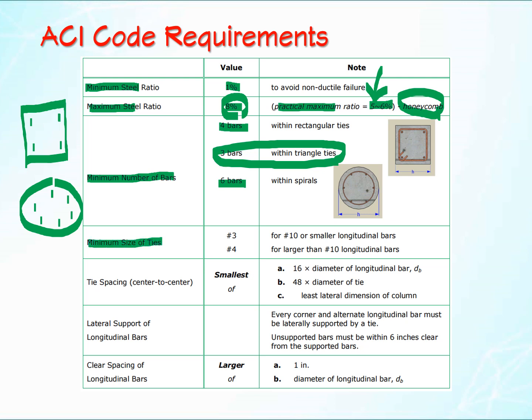So minimum size of ties, as is true in design of stirrup, mainly we are going to use number 3 or number 4. If main rebar is number 10 or smaller, then you are going to use number 3 tie. If it's larger than number 10 rebar, then you are going to use number 4 stirrup or ties. And tie spacing and lateral support, clear spacing, that will be explained while we are solving the example problems.